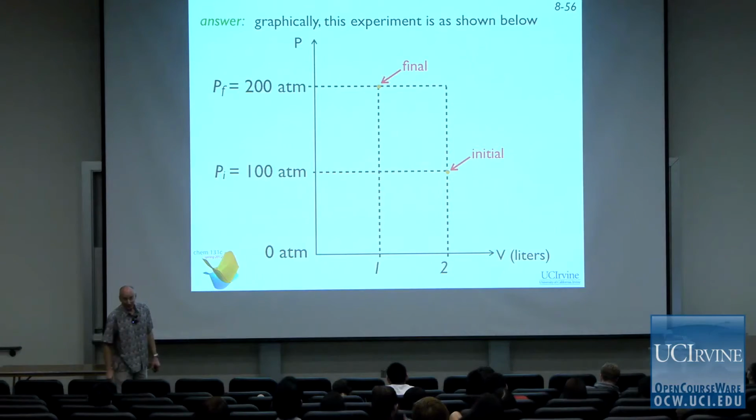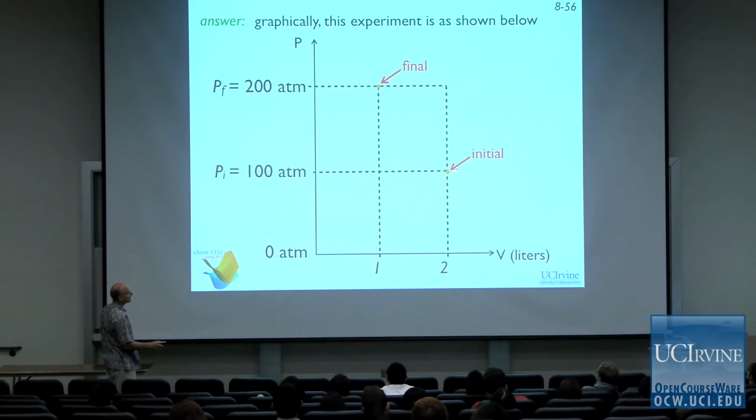Let's look at this graphically. Here's the initial state of this system. We got a 2-liter container. We're at 100 atm. Now we're going to compress to this final state here, 200 atm and 1 liter. That's what we're doing in this problem.